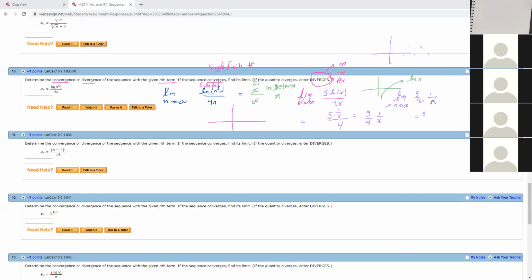So you're right, infinity will be the number on the bottom. As this number on the bottom gets larger and larger, closer and closer to infinity, what's 1 divided by a larger and larger number? It gets closer to 0. And what's 0 times 5/4? 0. So there is our limit.